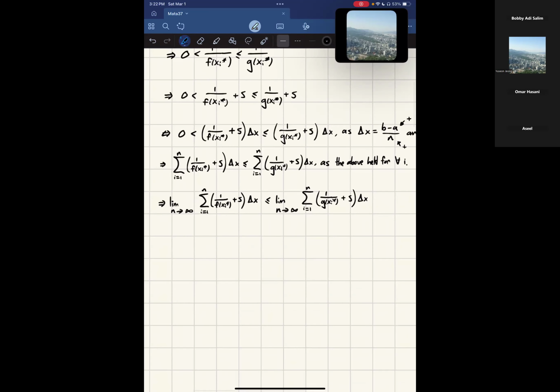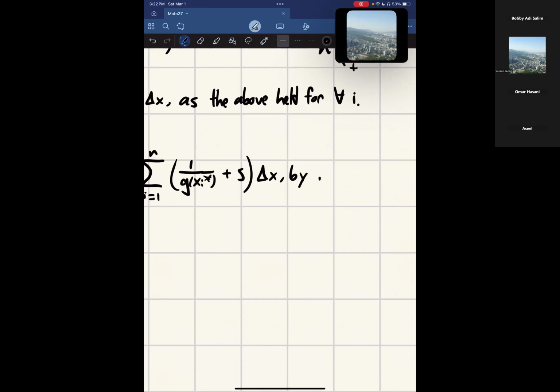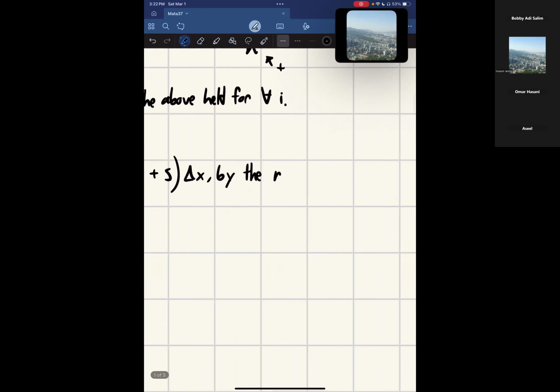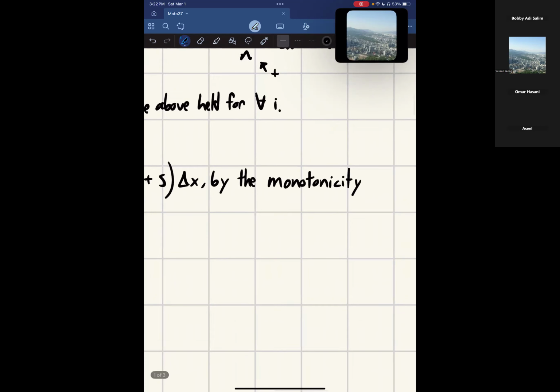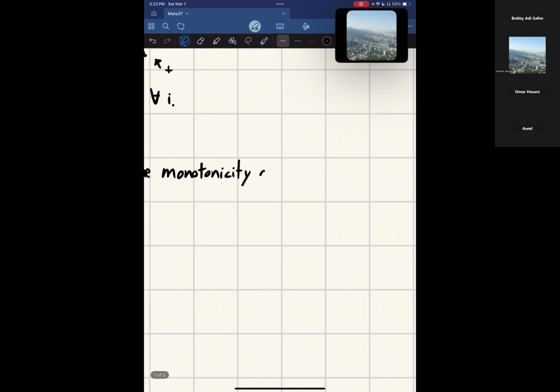There's a key thing you need to say here to justify this: this is by the monotonicity of limits. These are the exact words of Kathleen if you were to look at her solutions for some problems. So it's by the monotonicity of limits. Cool.